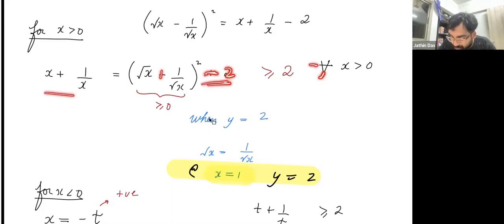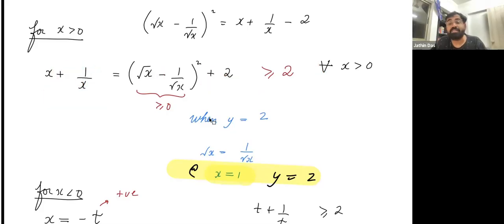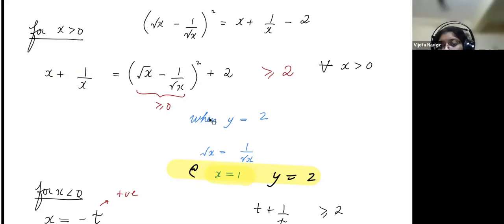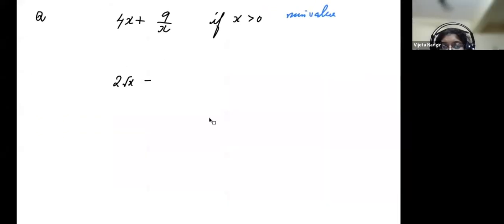Now this value, I know it is definitely greater than or equal to minus 2, because both are positive. So it won't be of any use. Anyway it will be greater than minus 2. This information is not enough for me. That is why I put minus here and get plus here. Okay. It's always minus.